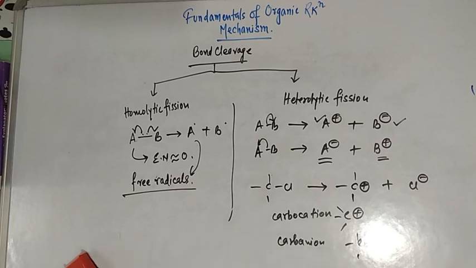Homolytic means the equal distribution of the covalently bonded electrons between the two participating atoms to generate free radicals. Whereas in heterolytic fission, the difference of electronegativity of the two bonded atoms plays the major role, which ultimately generates carbocations as well as carbanions.